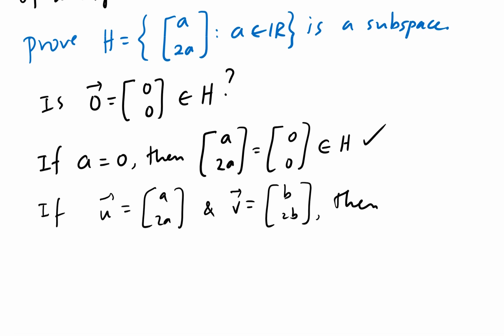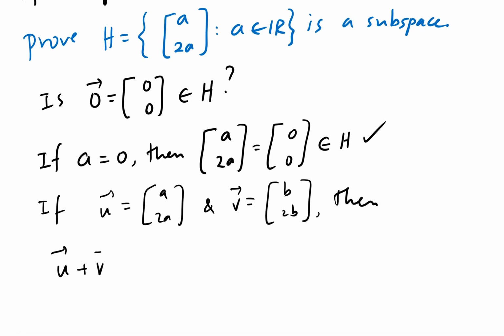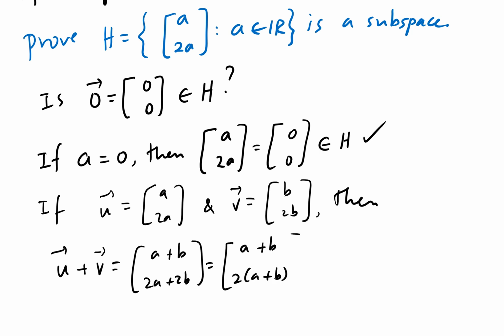Is their sum in H? For U plus V, you add a plus b and 2a plus 2b, which can be rewritten as a plus b and 2 times a plus b, which takes the same form: something and 2 times the same. So that's in H. So this worked out.